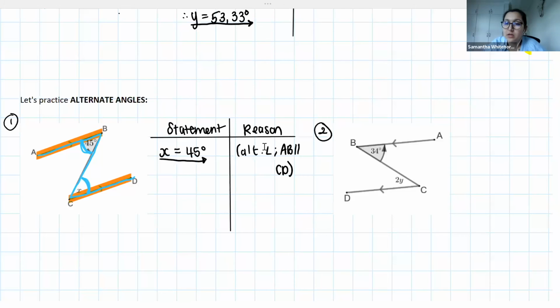Okay, guys, please ignore me. Right, please try question 2 for me. Let's see what we come up with for the value of y. Remember, I don't want 2y, I want y.